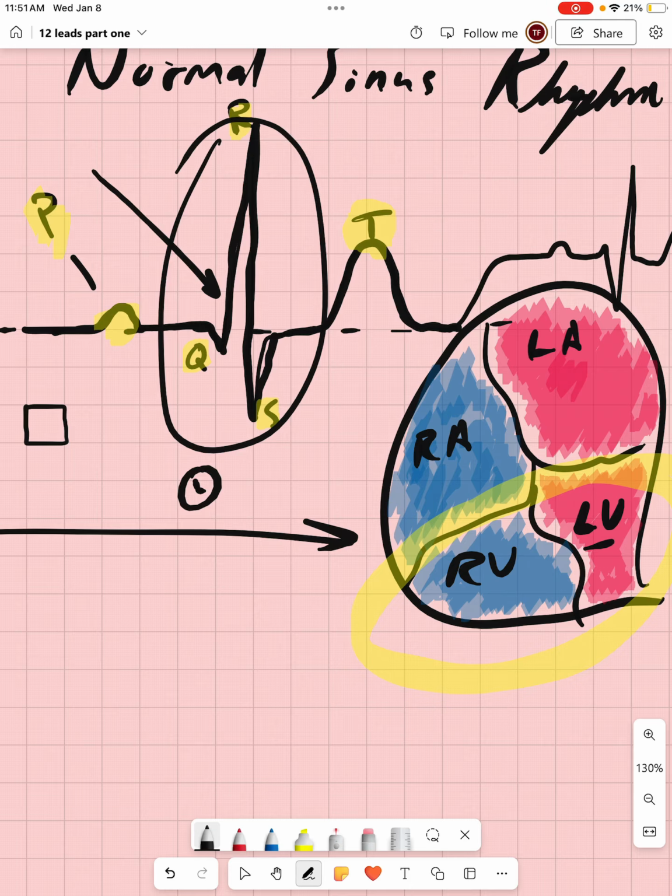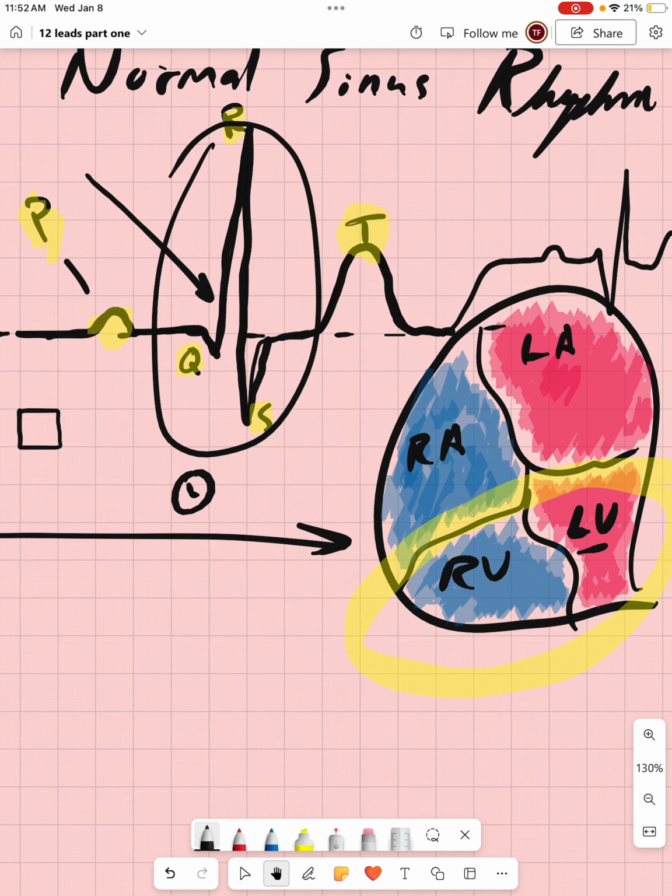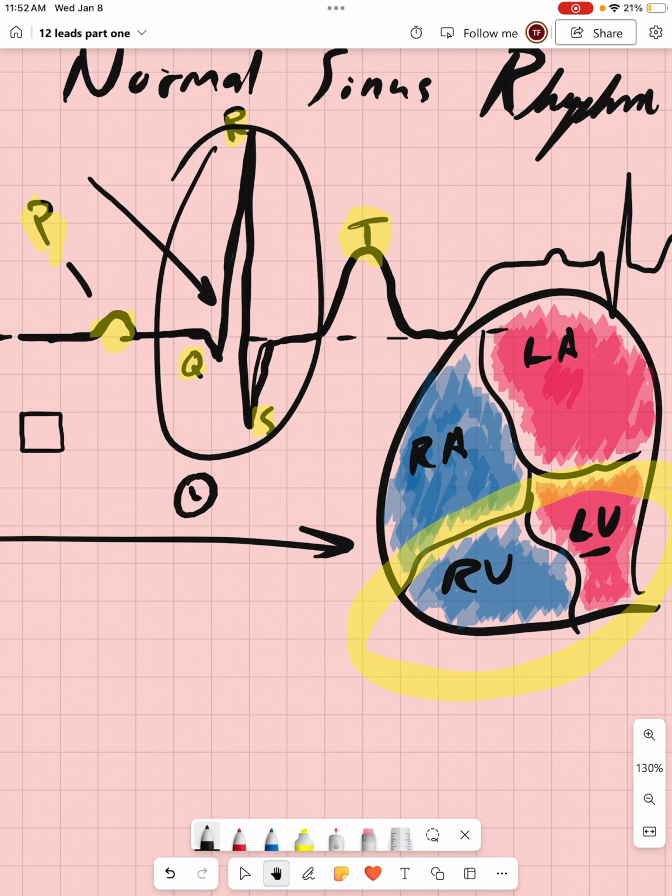There's a large electrical demand physically for the muscle tissue, and so because of that, the atria repolarization is lost in that QRS complex. So that's what you're seeing with our P wave, our QRS wave, and our T wave.